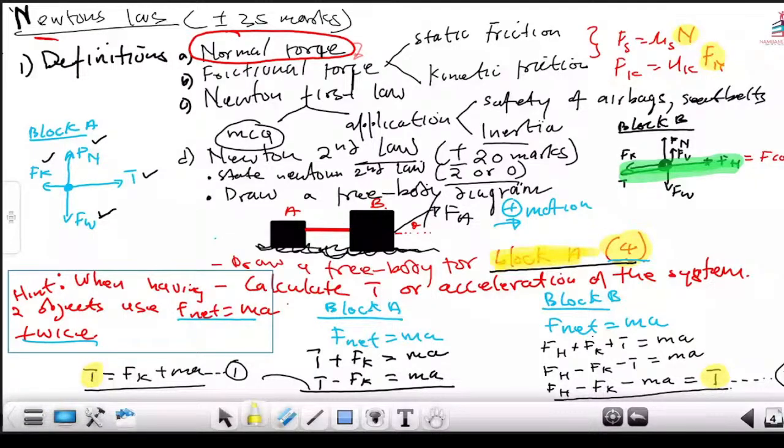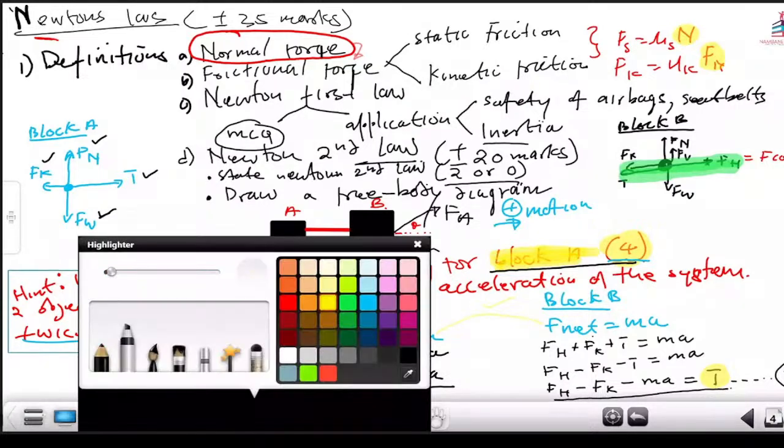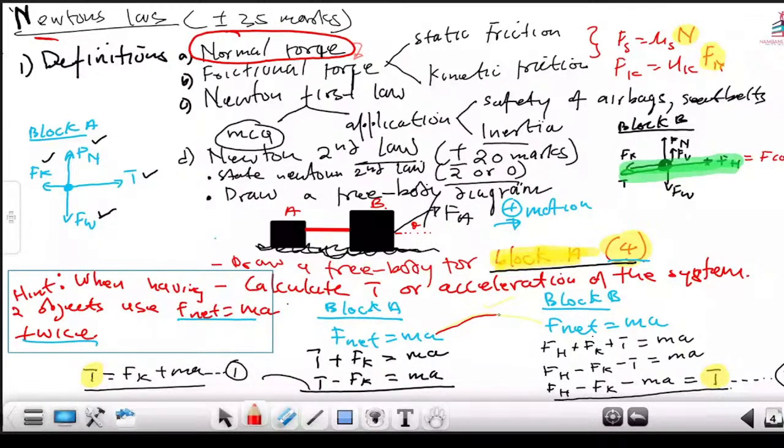This 2 here will be 1 mark. Let me use red, sorry. This 2 here will be 1 mark, either one of the 2, for using Fnet equals ma. Then for substituting the mass, it will be 1 there for both of them.